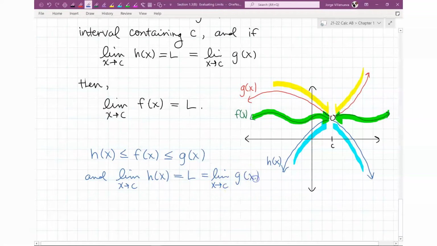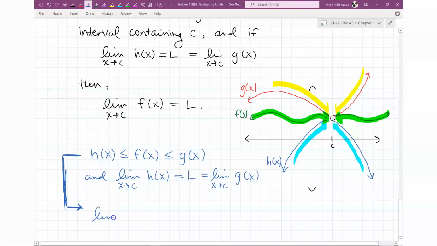So how am I going to use this? Well, let's say I take this information here and I do the following with it. I know h of x is less than or equal to f of x is less than or equal to g of x. So why don't I give all of them a limit as x approaches c?